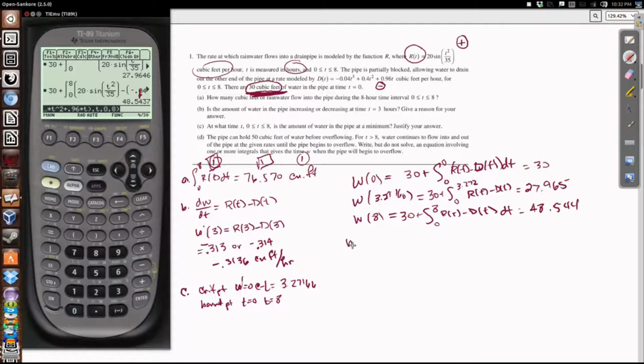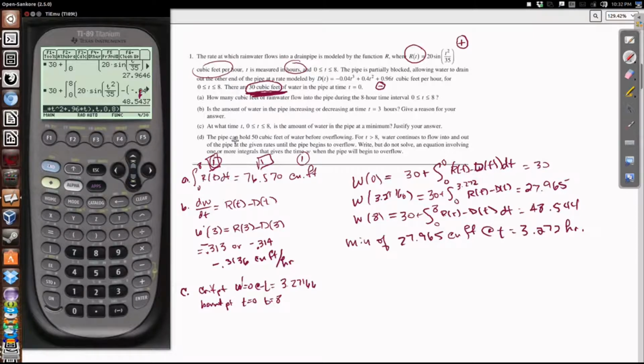And so we have a minimum of 27.965 cubic feet at time equals 3.272 hours. And so that's what I'm looking for as the solution. My justification is that critical points and boundary points are the only places where extrema happen, and this is the smallest value of our 3. So I'm showing my work here to kind of explain what's going on.